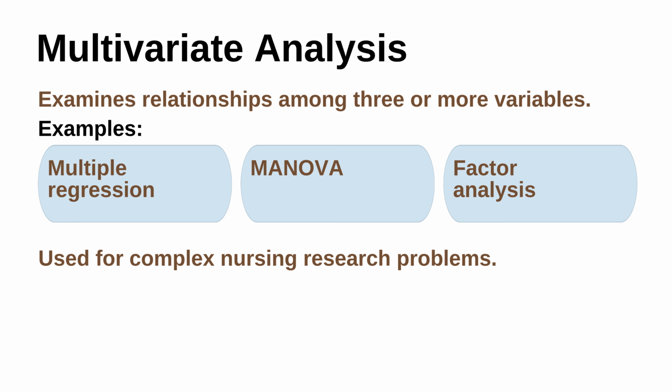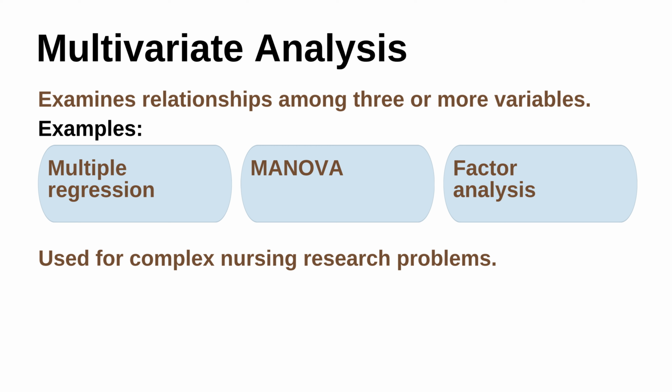For studies involving more than two variables, we use multivariate analysis. Multivariate analysis examines relationships among three or more variables. Common techniques include multiple regression. This predicts an outcome based on several predictors.